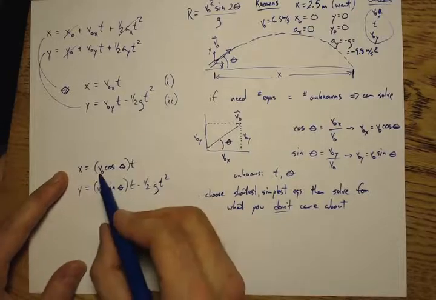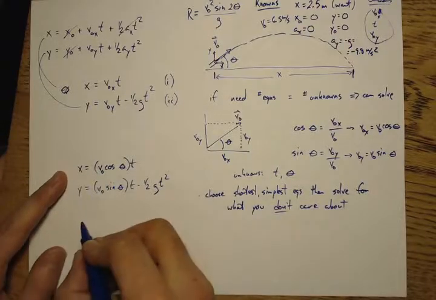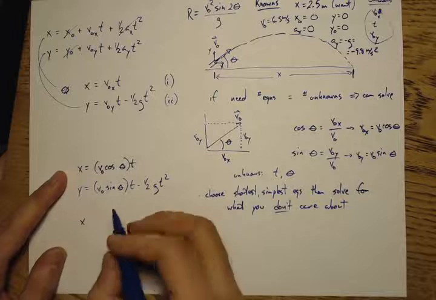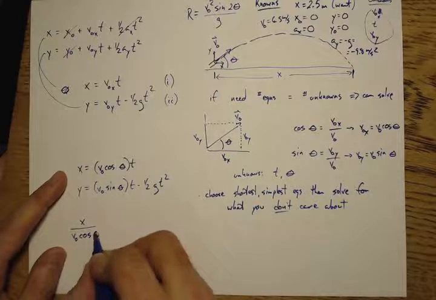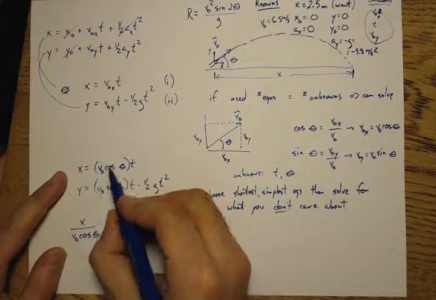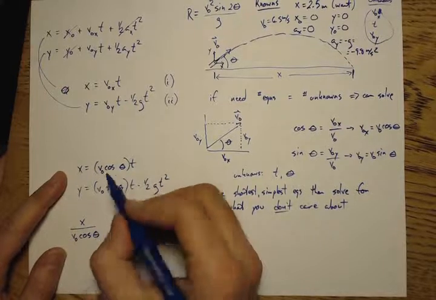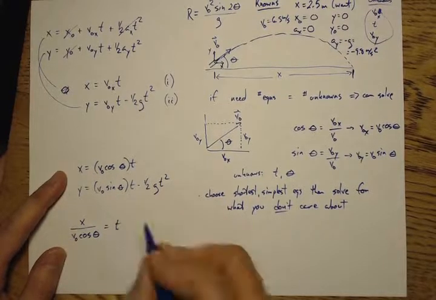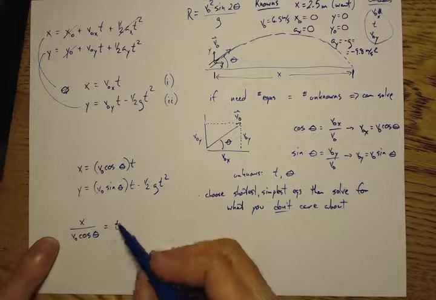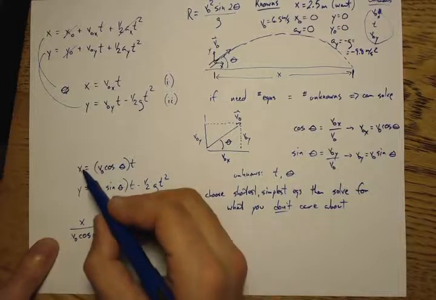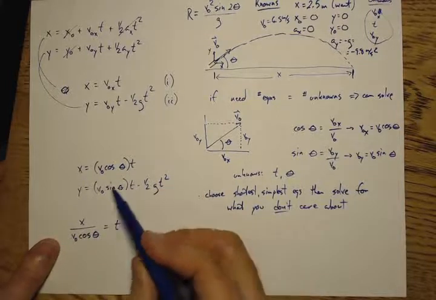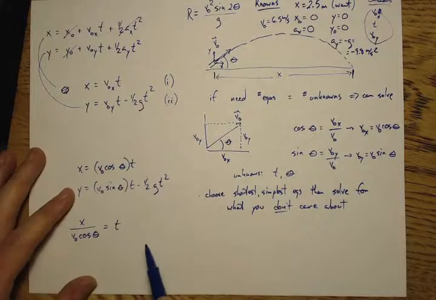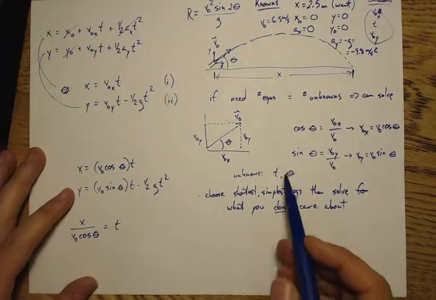So I'm going to divide both sides by v naught cosine theta. So I'm going to get x over v naught cosine theta. I'll get v naught cosine theta over v naught cosine theta. That's 1. So I've just solved for time. And now I'm going to plug this back into the next equation, and I'm going to get an equation that doesn't have time in it, which is great because I don't care about time.